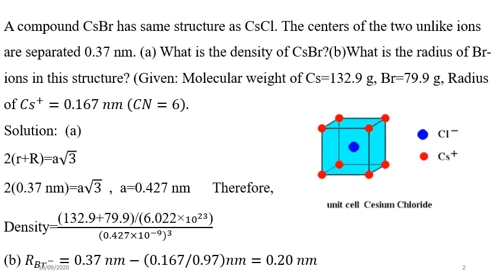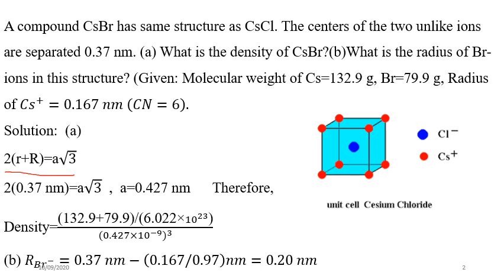If we try to solve the first part, first of all we should understand that in this structure we have a relationship between A, the lattice parameter, and the radius of cesium and the radius of chlorine, that is this relation. And I think we have studied this relation in our previous lectures.